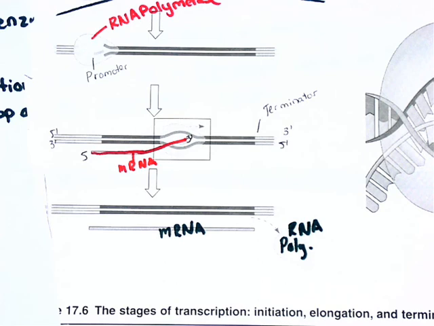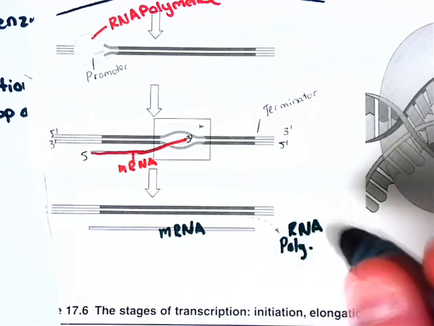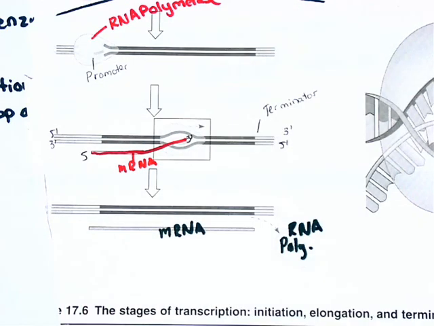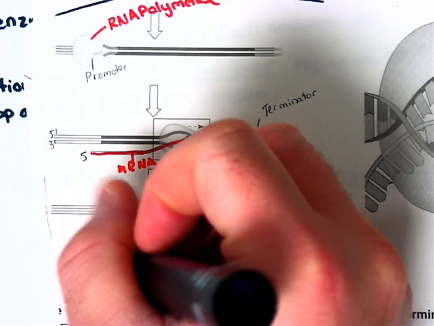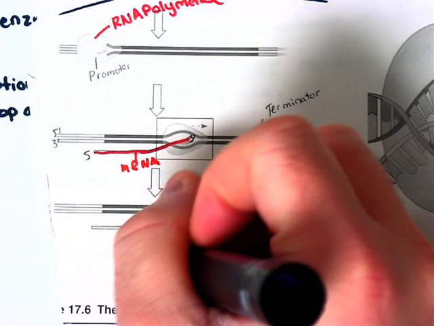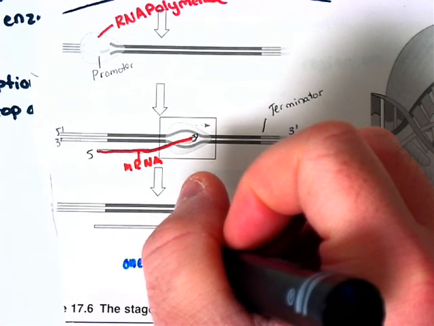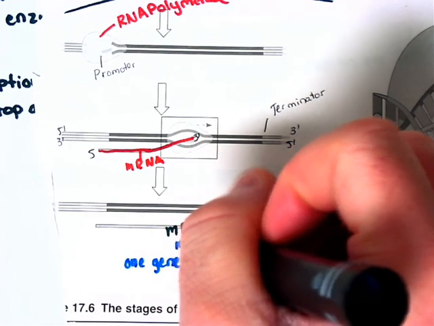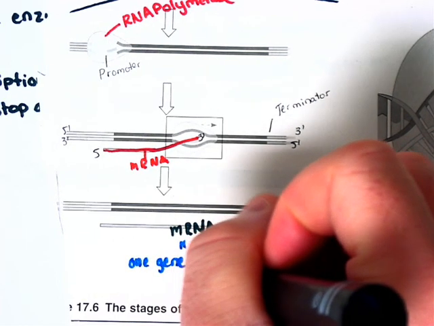In fact, if you think about it, there's really nothing stopping it from copying, or transcribing, I should say, better put, the same segment of DNA again. Now, most likely, and this I want to make sure we get, so listen closely, this sequence of mRNA is going to code for one single gene, or multiple related genes.